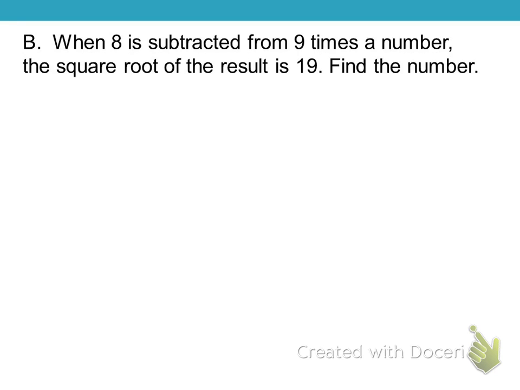When 8 is subtracted from 9 times a number, the square root of the result is 19. So the square root of 9x minus 8 equals 19.